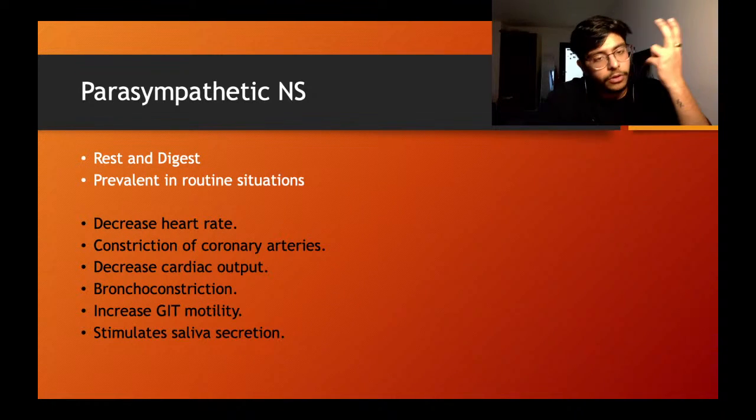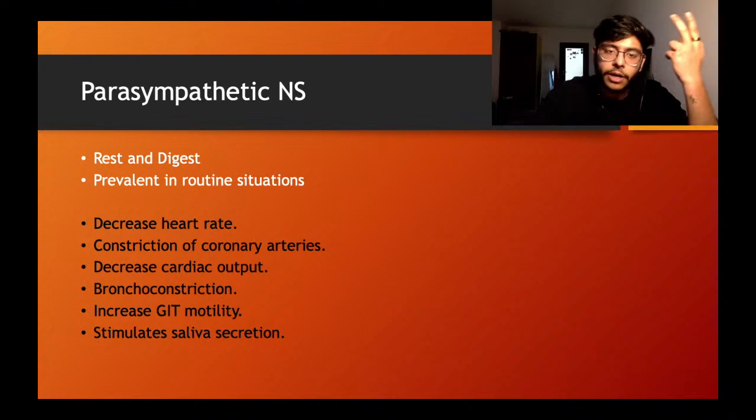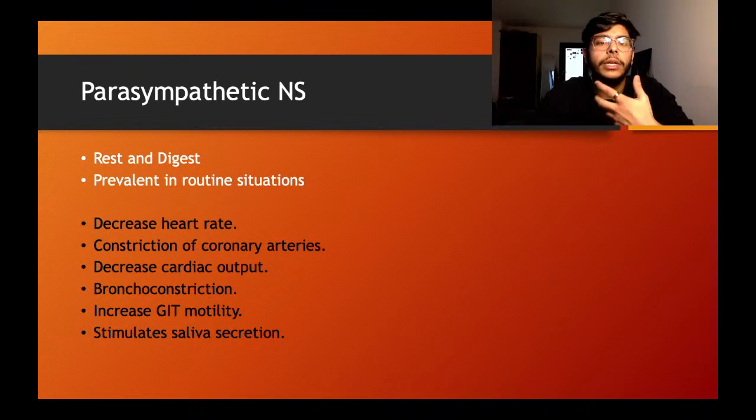Decreases cardiac output. Of course, if I decrease the heart rate, I'm going to have a decreased cardiac output. Bronchoconstriction, because we don't need to be inhaling and exhaling and ventilating with such intensity. Increased GIT motility, so that we can digest our food and assimilate all the nutrients and continue living.